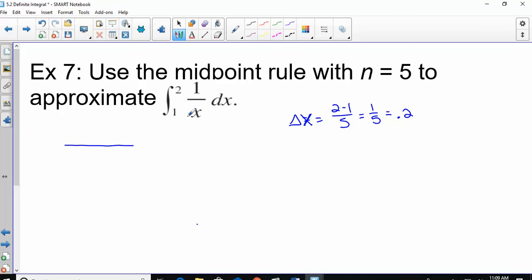That's how much we go up every time, but keep in mind you're starting at 1. So your first rectangle starts at 1 and ends at 1.2. So if you're doing the left-hand sum, you would use the 1. If you're using the right-hand sum, you'd use the 1.2.